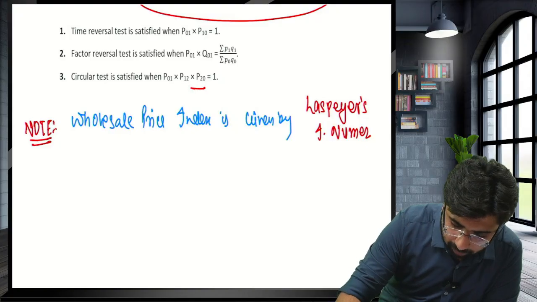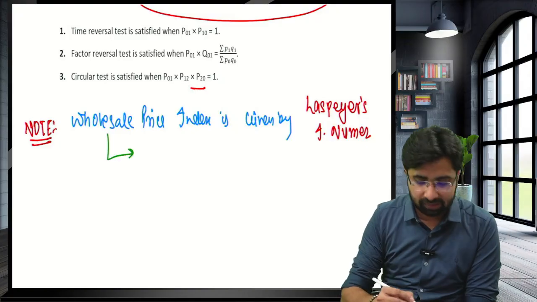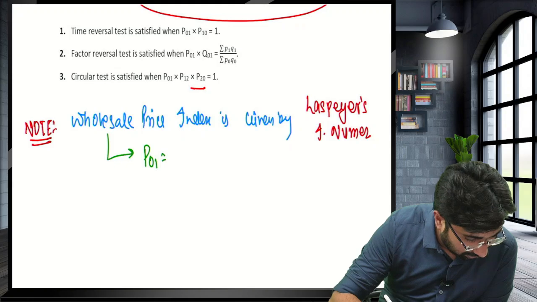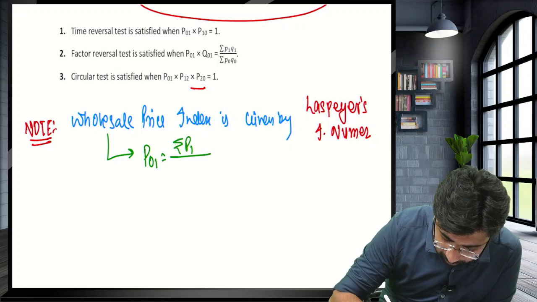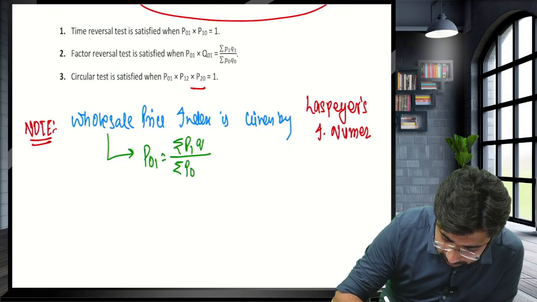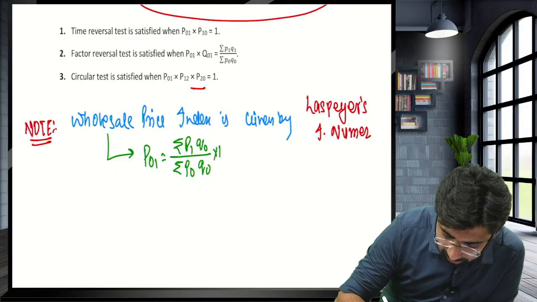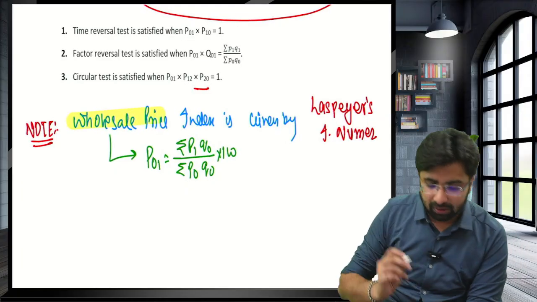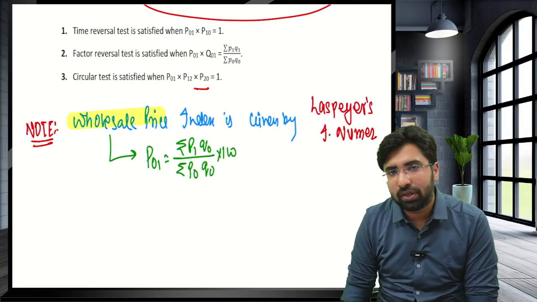The formula for the wholesale price index is P01 equals summation of P1 upon summation of P0, considering the base year quantity as the weight. That's why we say the wholesale price index is just the last year's index number.